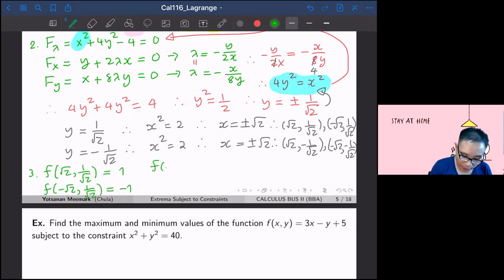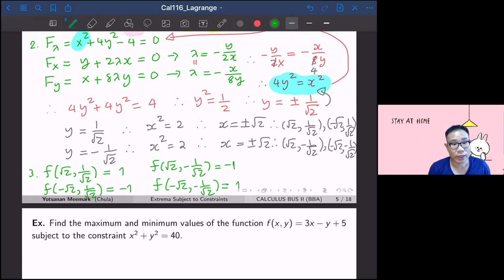And f at root 2, negative 1 over root 2, so you get negative 1, and f at negative root 2, negative 1 over root 2 would give you 1. Okay. So in this case, you would have 1 and negative 1.